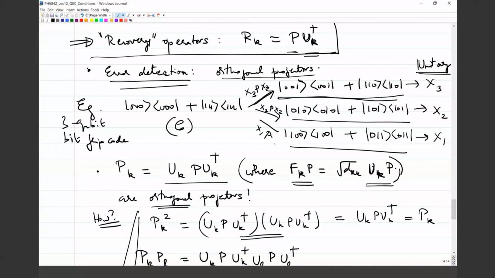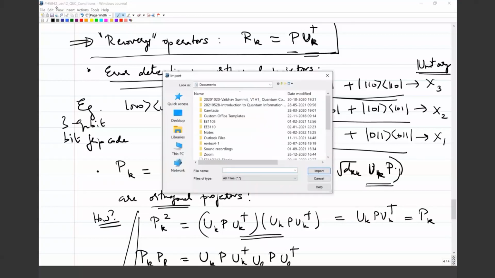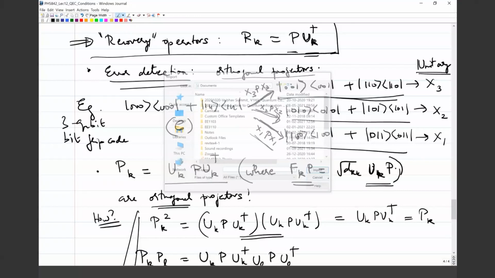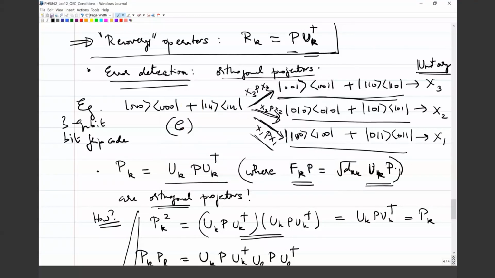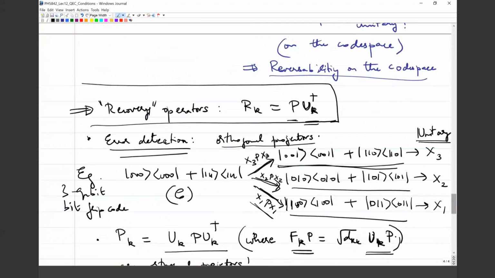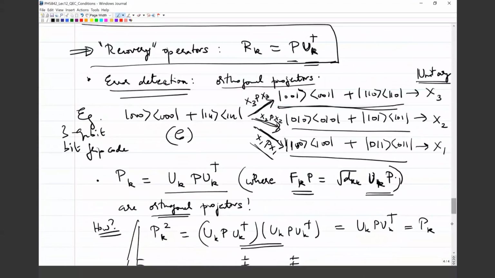So each error, which in this case is simply a unitary operator, acting on the code space projector, maps me to an orthogonal projector, right? So that is what gives me the fact that I have orthogonal projectors that come out of this error correction condition. So that is the first part, the error detection part.